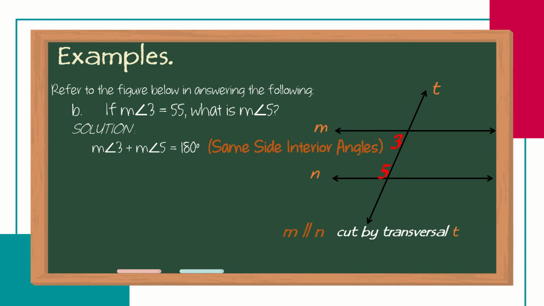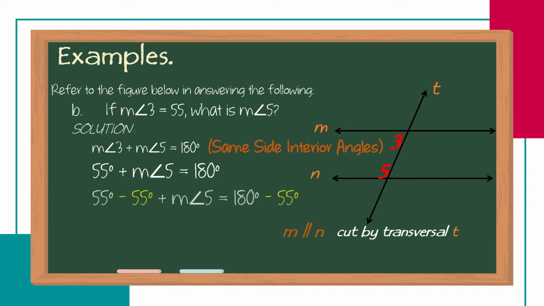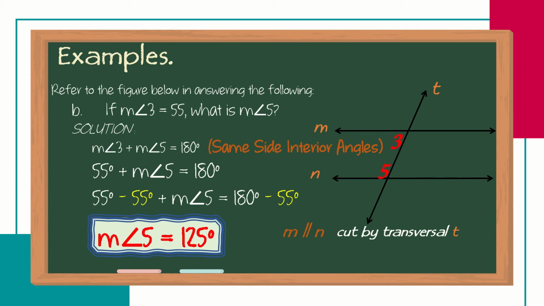We have 55 plus the measure of angle 5 equals 180 degrees. Next, we subtract 55 on both sides of the equation. We have 55 minus 55 plus the measure of angle 5 is equal to 180 degrees minus 55. The result is the measure of angle 5 is equal to 125.